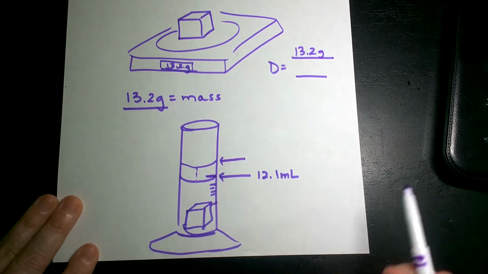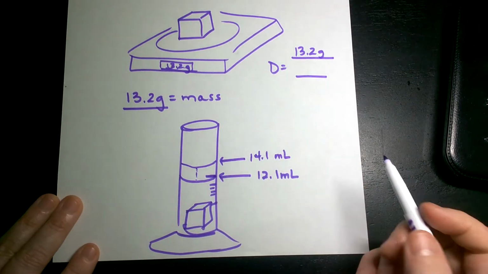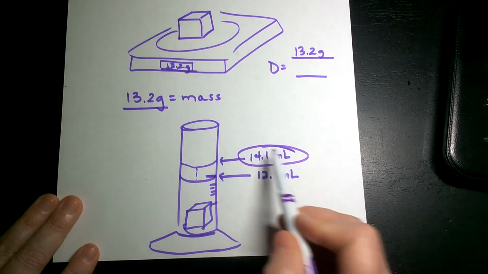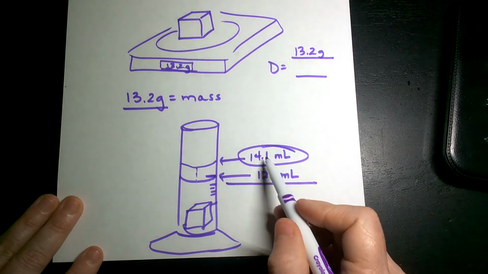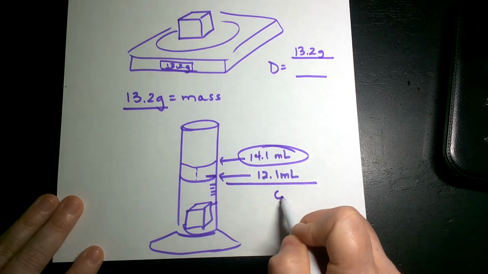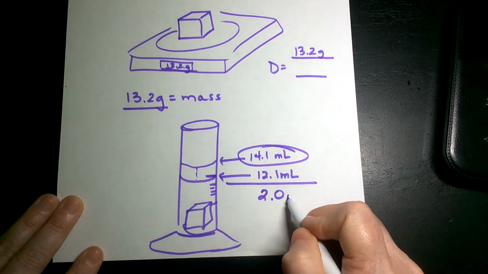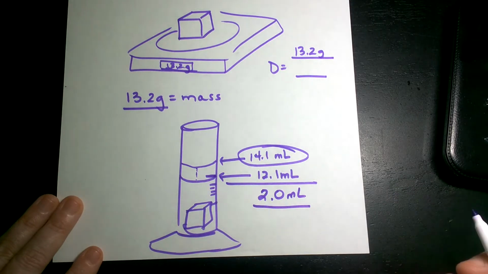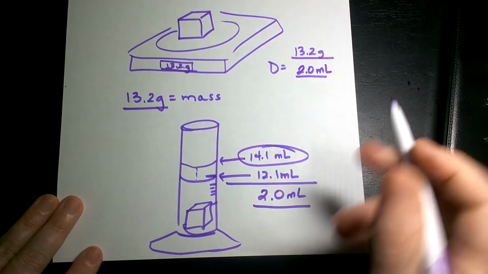So that final measurement, let's say it says 14.1, that final measurement is not the volume of your cube. It's when you subtract the two measurements. So 14.1 milliliters minus 12.1 milliliters. So 1 minus 1 is 0. 4 minus 2 is 2. 1 minus 1 is 0. So that cube actually has a volume of 2.0 milliliters.